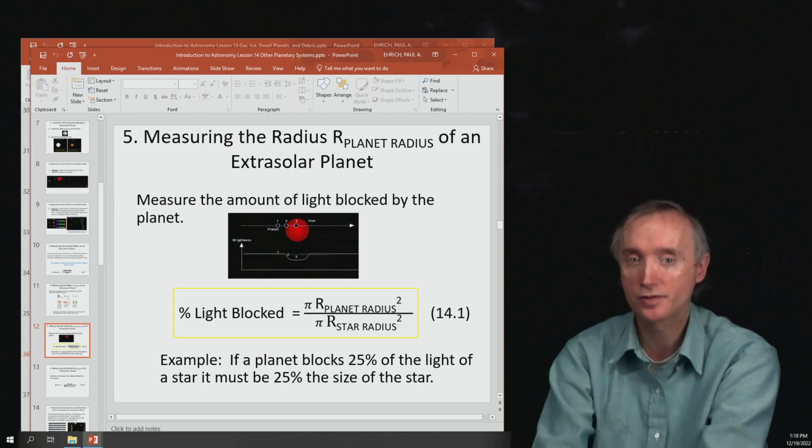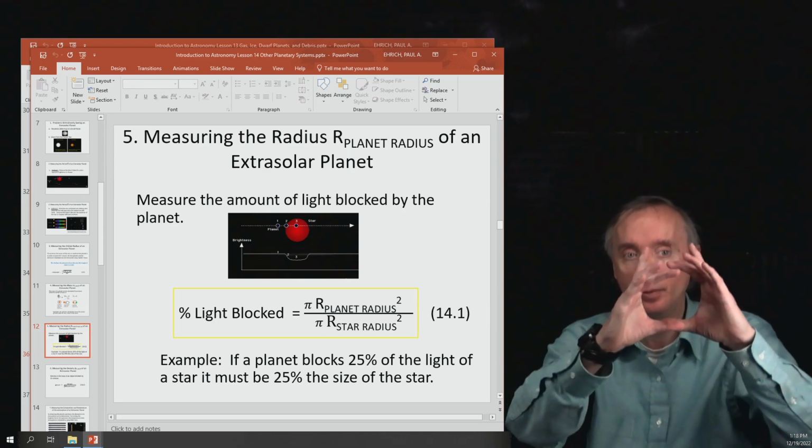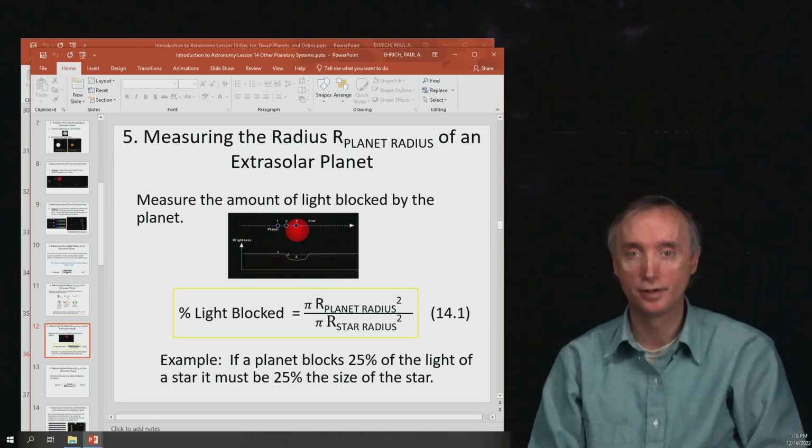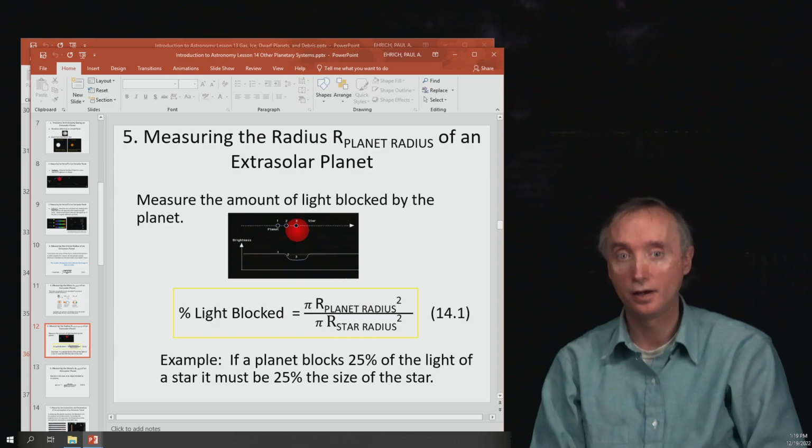What would the radius of that planet have had to have been? The radius of the star, because it completely blocked all the light. If it blocks 25% of the light, then the area of that planet must be 25% the area of the star. If it blocks 10% of the light, then the area of that planet must be 10% the area of the star.